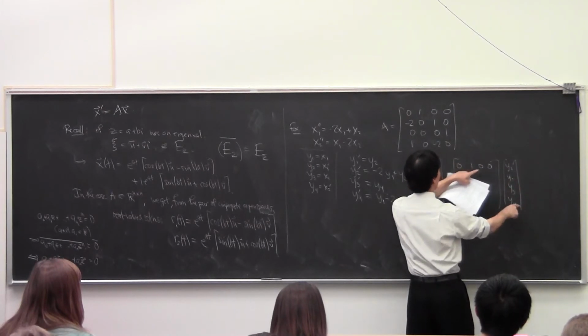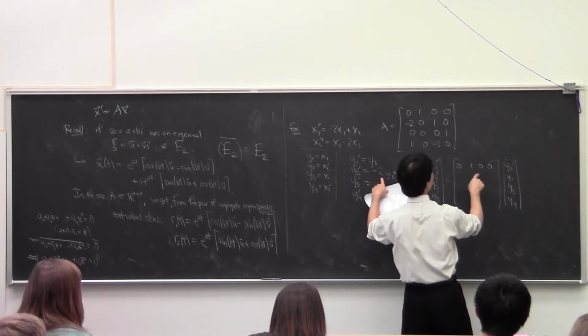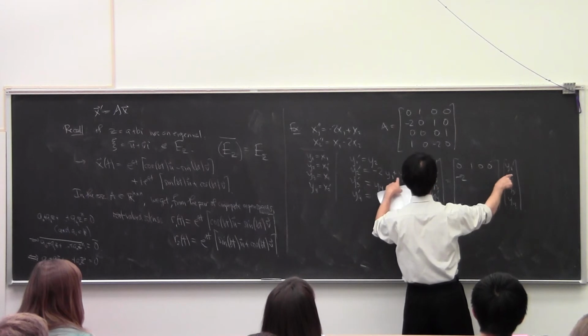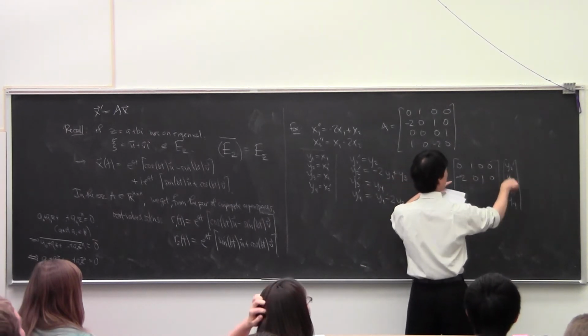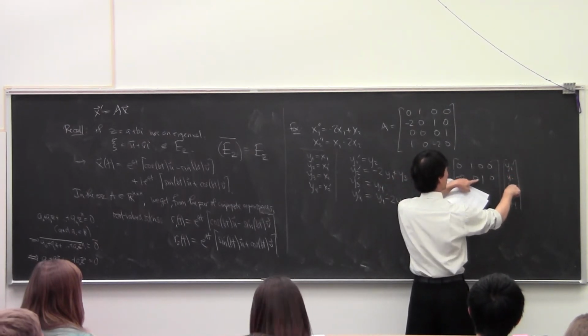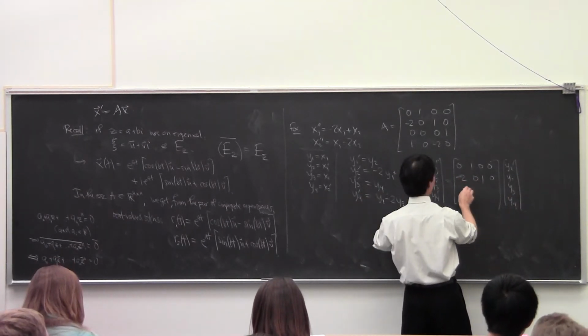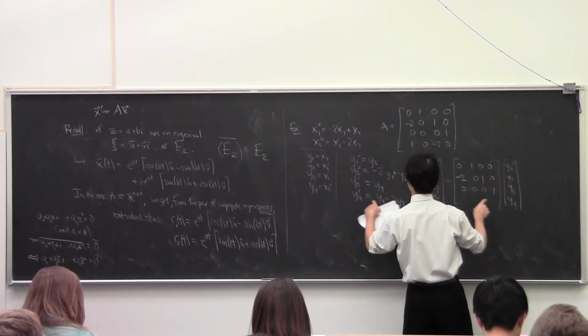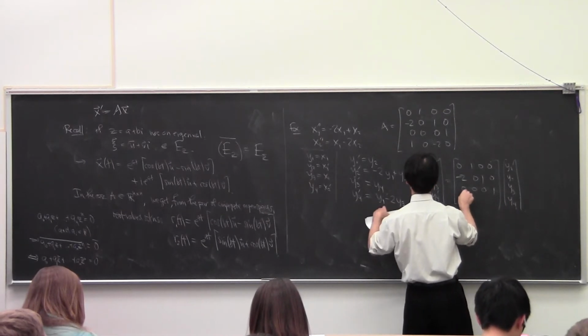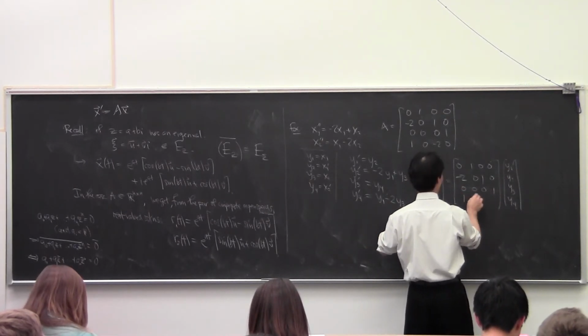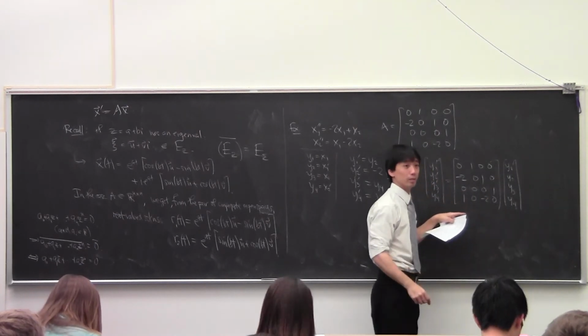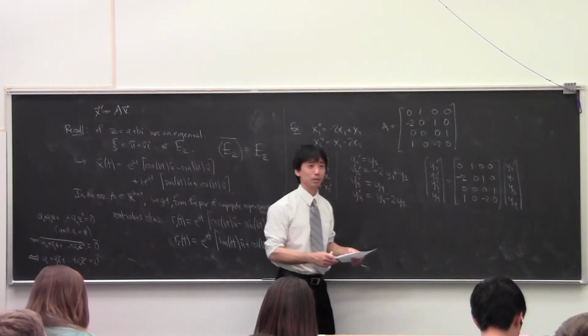Y2 prime is negative 2y1, 0 y2s, 1y3, and 0 y4. Y3 prime is y4, and y4 prime is 1y1 minus 2y3. So I just translated the system into matrix notation.